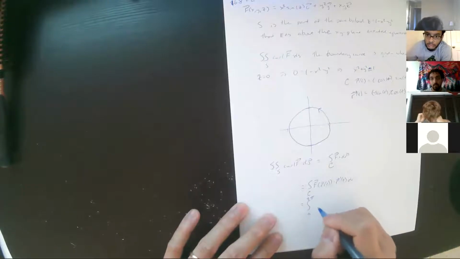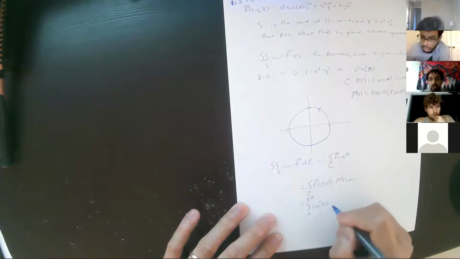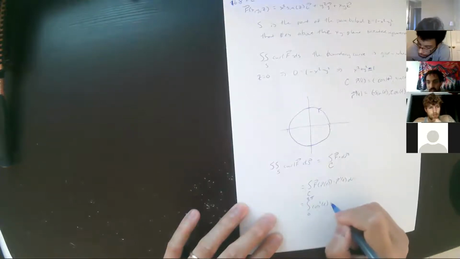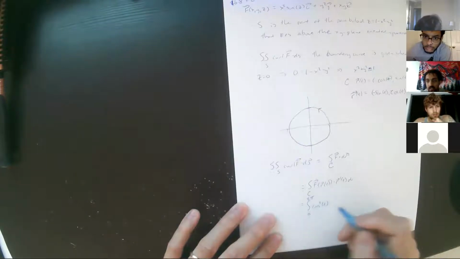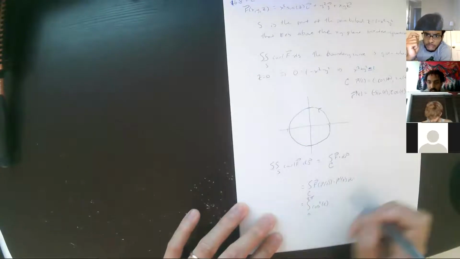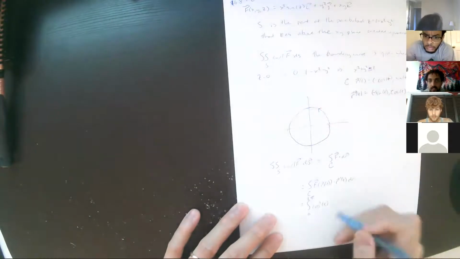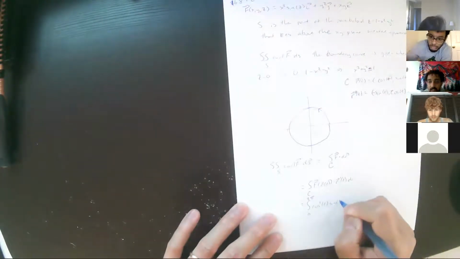What goes here now? F, but in terms of r of t, so instead of x squared sine something, we're going to write cosine squared of t times sine of z.